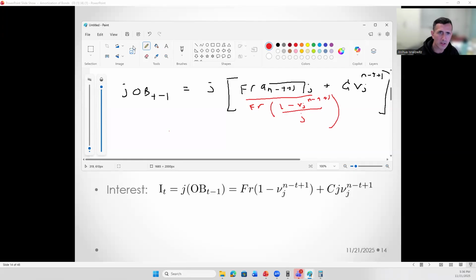So the j's cancel, that's basically what's going on. We get this nice simplification here: FR, the j's cancel, 1 minus v^j to the n minus t plus 1. C, j doesn't cancel, n minus t plus 1. A little messy, but n minus t.